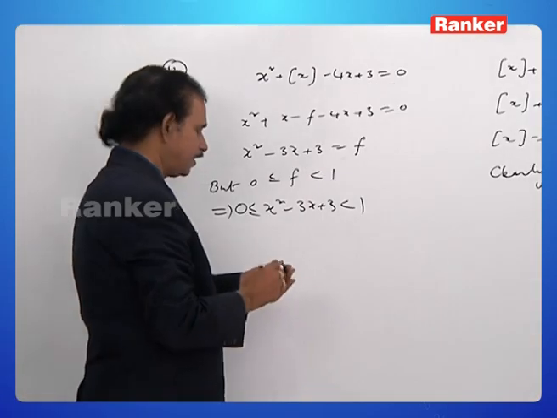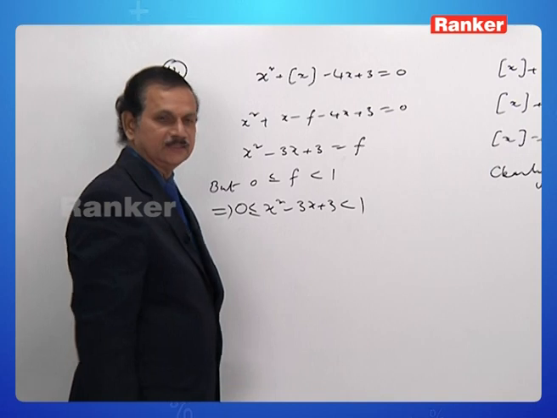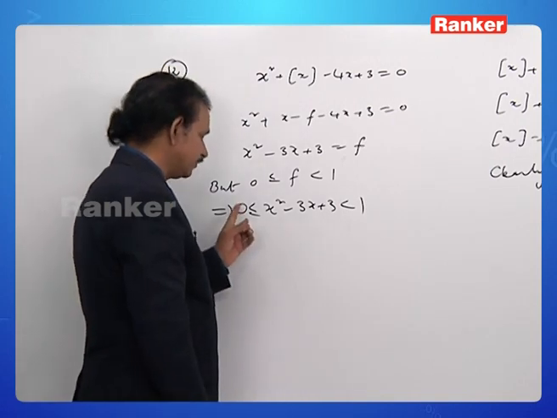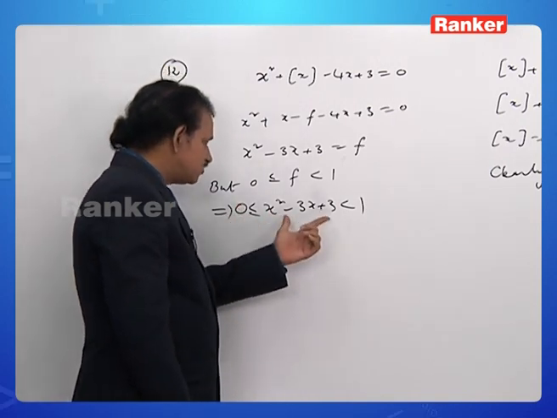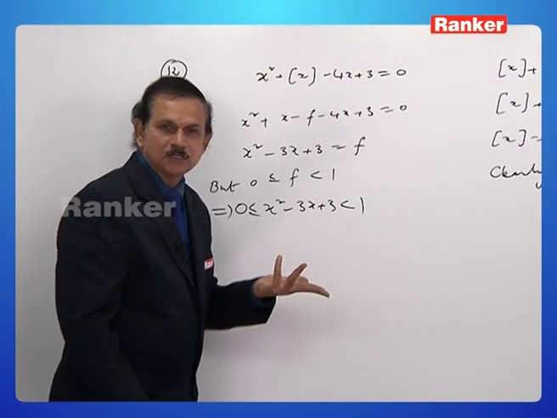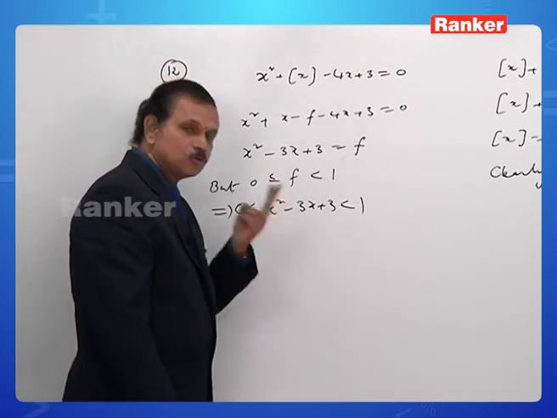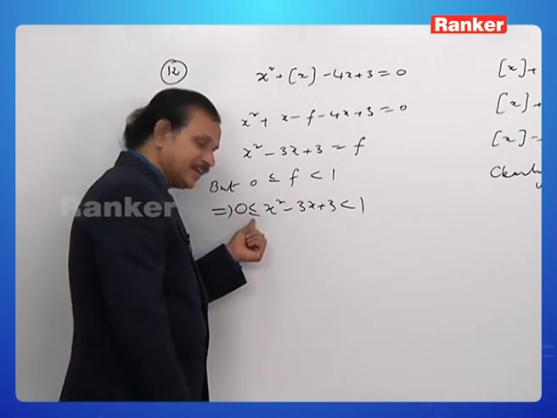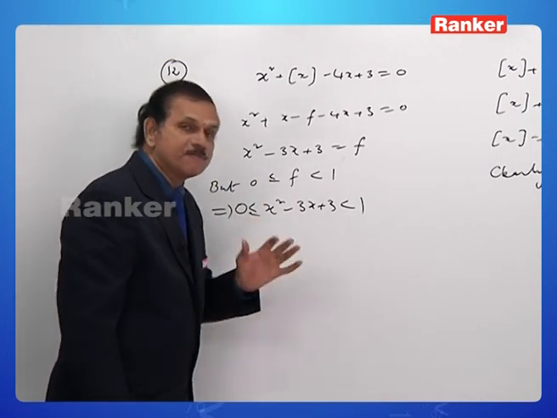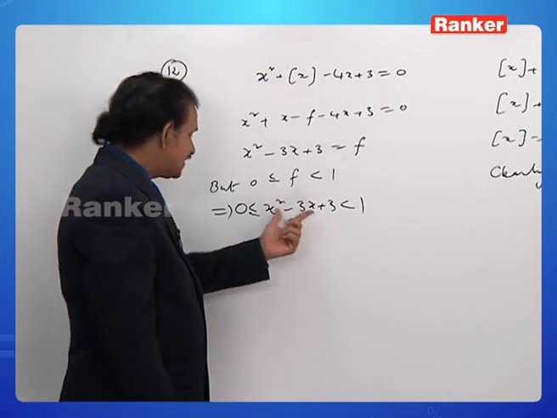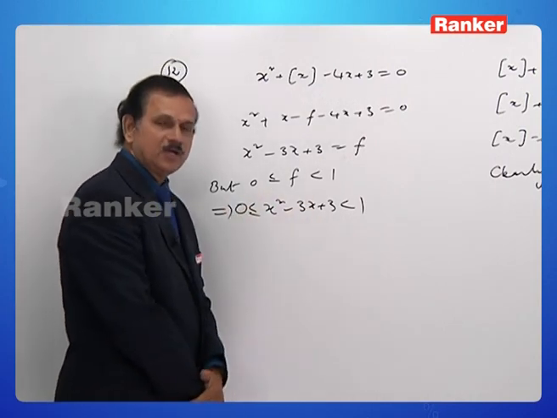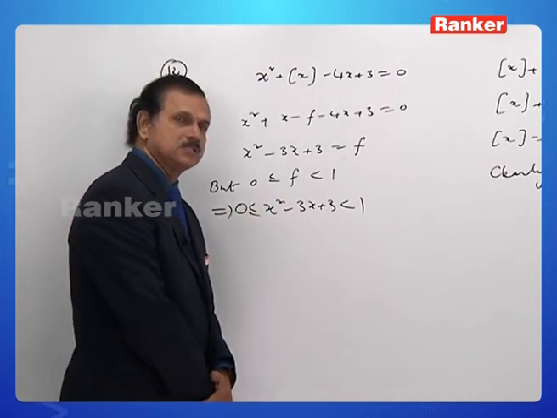Here, 2 cases arise for this particular inequality: this is either 0 or greater than 0. Let us first observe what happens when this is 0. Observe the equation x square minus 3x plus 3 is equal to 0.